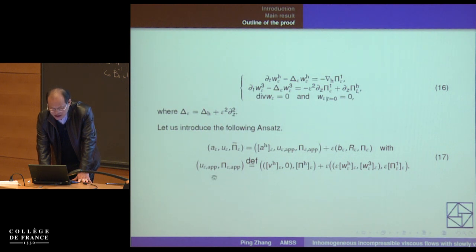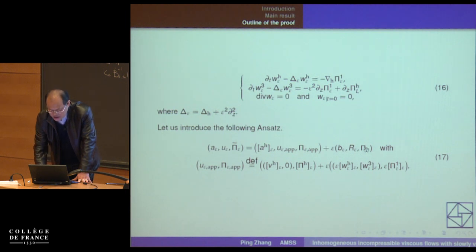With this u_epsilon approximate, pi_epsilon approximate equals this scaled function of v_h epsilon and pi_h epsilon, plus this correction term epsilon w_h epsilon, epsilon w_3 epsilon. The reason why we scale like this is because of the divergence-free condition for the u_epsilon approximate, plus this epsilon pi_1 epsilon.